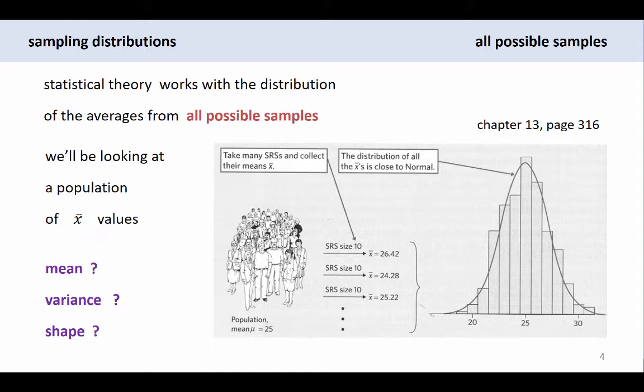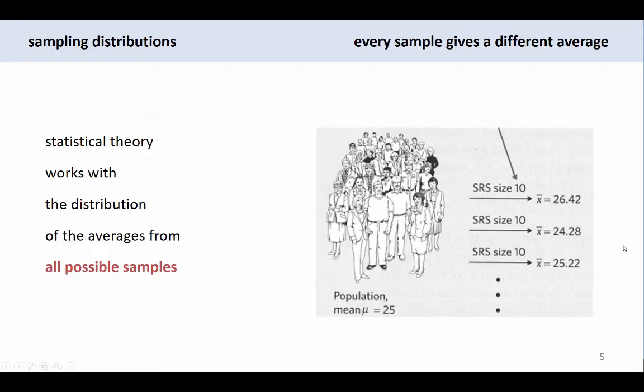Those are going to be the kinds of questions that we're going to work with all throughout the week 4 materials. So we have to keep saying over and over, every sample gives a different average. Here again is a little bit of that illustration from Baldi and Moore, where the first 3 samples give different averages. And the way the statistical theory works is it considers the distribution of the averages from all possible samples.